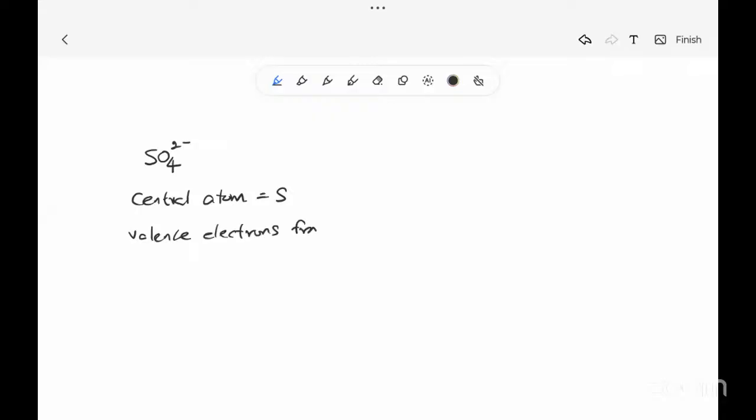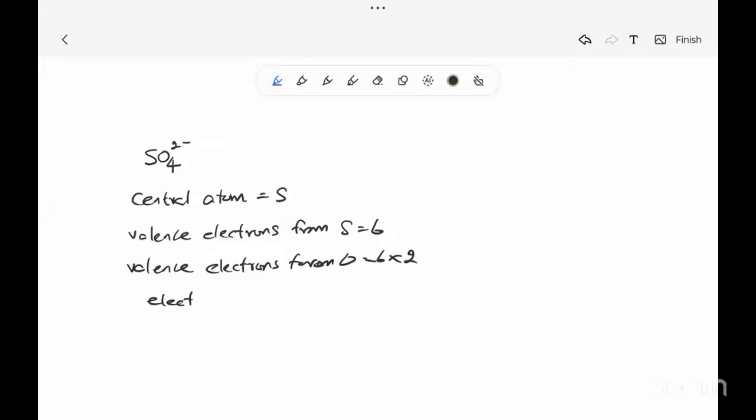Then valence electrons from sulfur, that is 6. Valence electrons from oxygen, that is also 6 into 2.